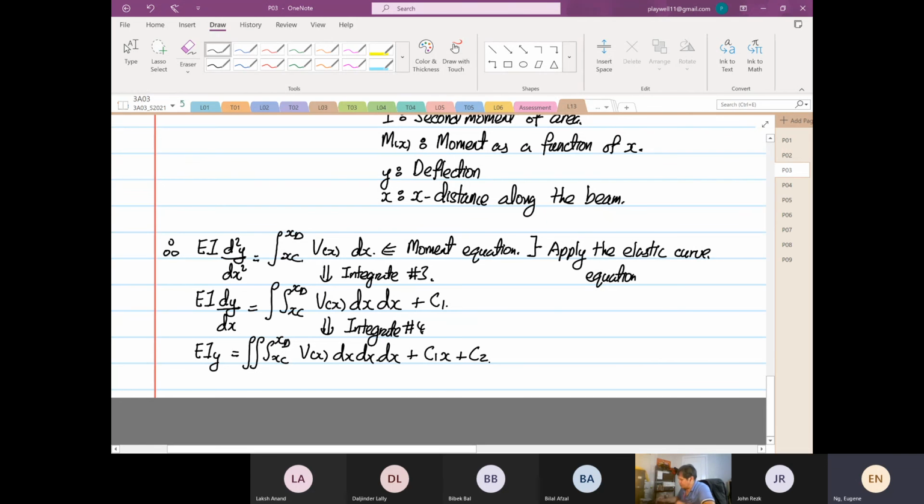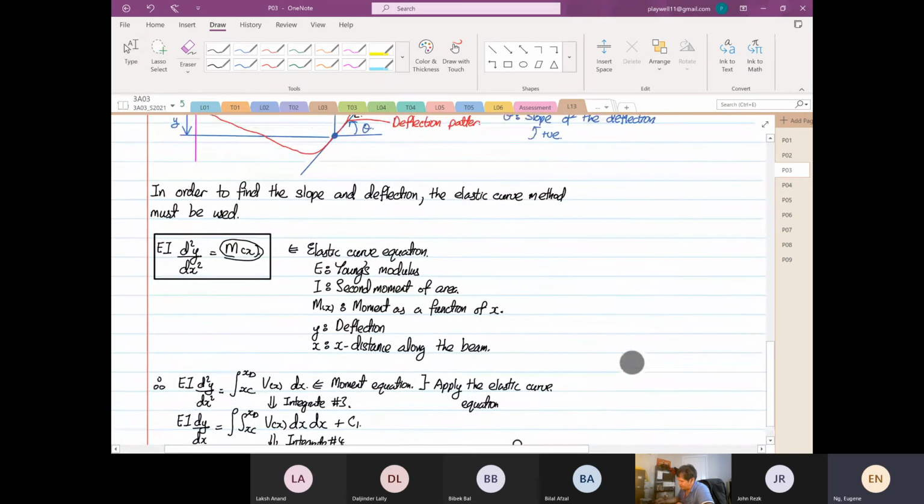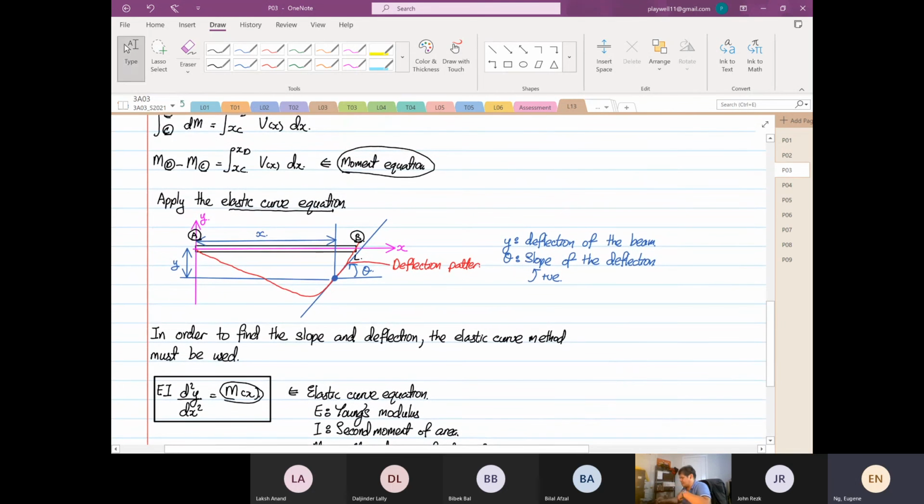Okay. So if I'm going to summarize this, without deriving, because I stopped down here to go into the elastic curve.